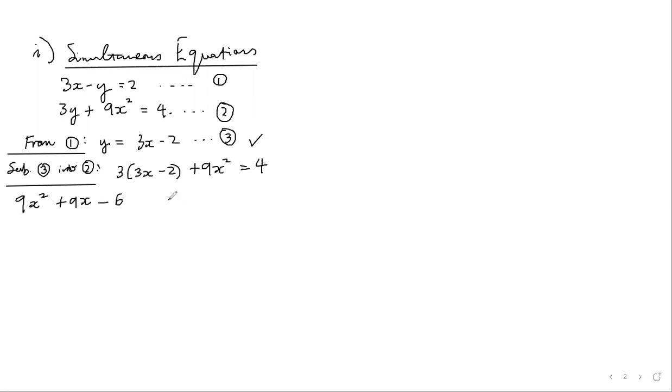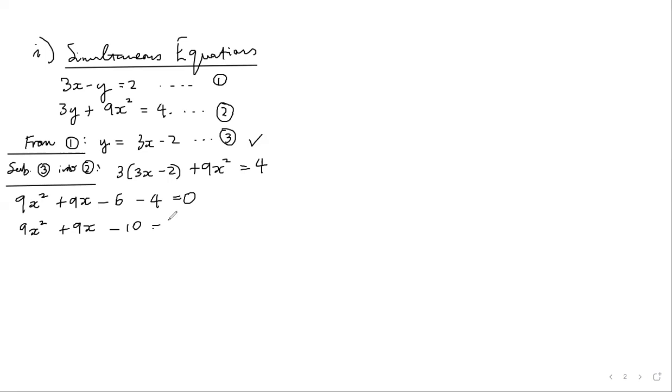I'll bring the 4 to the left, equals 0. Okay, so 9x squared plus 9x minus 6 minus 4 equals 0. So this simply gives me 9x squared plus 9x minus 10 is equal to 0.